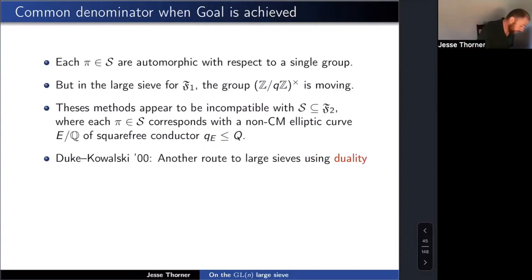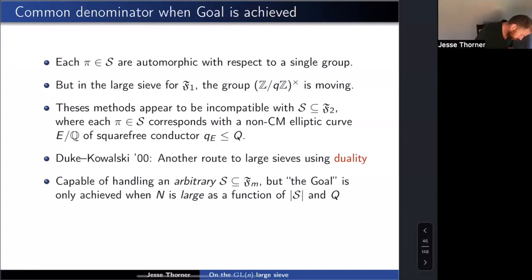Now, in order to address this particular family of non-CM elliptic curves with varying square-free conductor going up to some universal threshold, Duke and Kowalski in 2000 came up with another route that doesn't use trace formula methods, but instead is rooted in the duality principle. This alternate method is capable of handling arbitrary subsets of the family F_m.